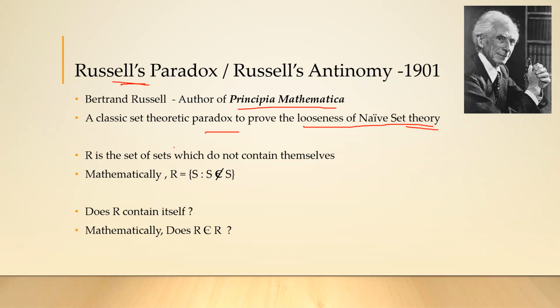Now, how he tried to prove it mathematically is he considered a set called R. Okay, so R is the set of sets which do not contain themselves. So R is a collection of many sets, all the sets which do not contain themselves.